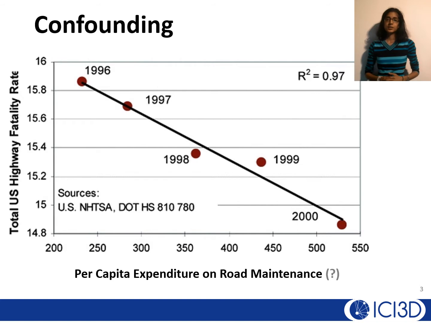So on the x-axis, we've got per capita expenditure on road maintenance, and on the y-axis, we've got the total US highway fatality rate. If you'd like a little bit more time, please just hit pause.